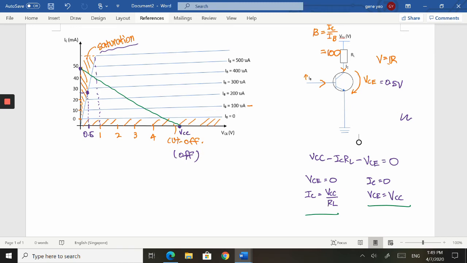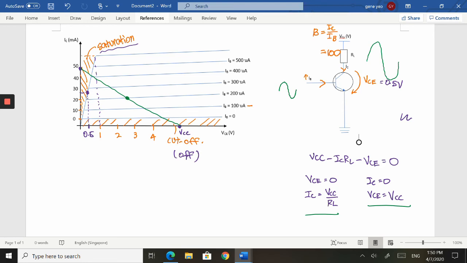Now, the whole idea behind this is that I want to find my operating point, what they call a quiescent point. And ideally, the quiescent point should be somewhere in the center, because if I have an input here, and I'm talking about using a BJT as an amplifier, what I want at the output is a very nice amplified signal like this.